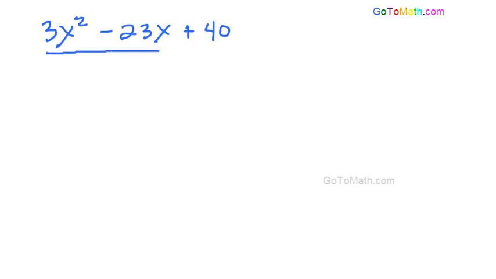So 3x squared minus 23x plus 40, and negative 5x squared plus 19x plus 30.